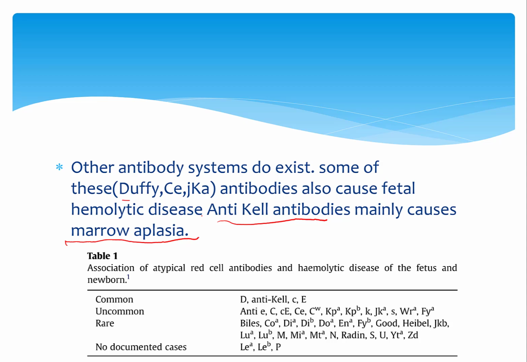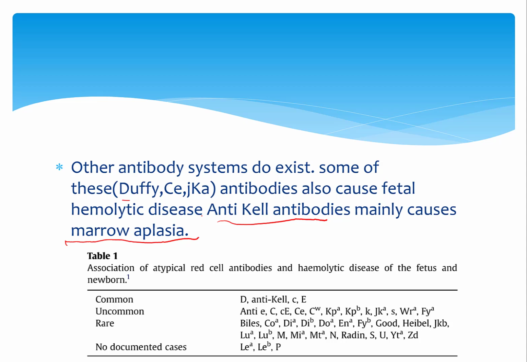So it's actually more dangerous, but luckily less common. But if you see somebody with anti-Kell antibodies, keep in mind the baby's bone marrow may be suppressed. So even if a small amount of antibodies are there, the damage is higher because it will go and damage the production site of red cells, rather than the red cells which are circulating.